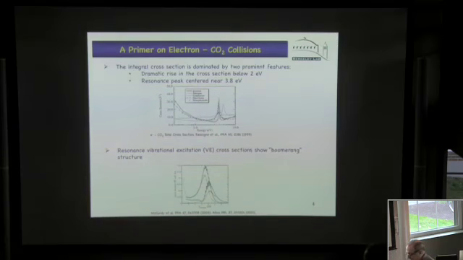It's a careful balance of what the negative ion potential curve is and the lifetime of the resonance. So if an electron can get trapped in one of these resonances and live for more than 1 or 2 vibrational periods, then it has a chance to build up these interference resonances.